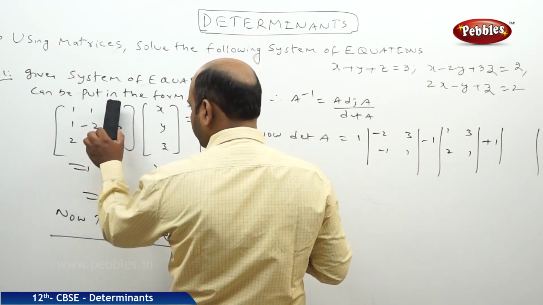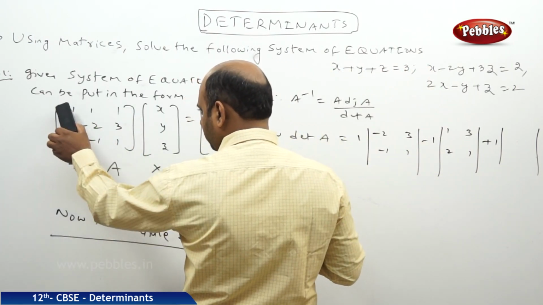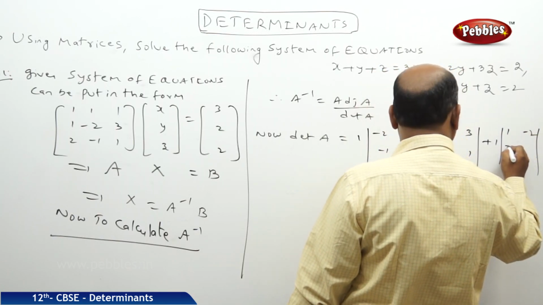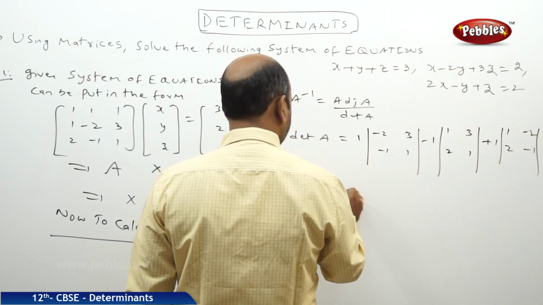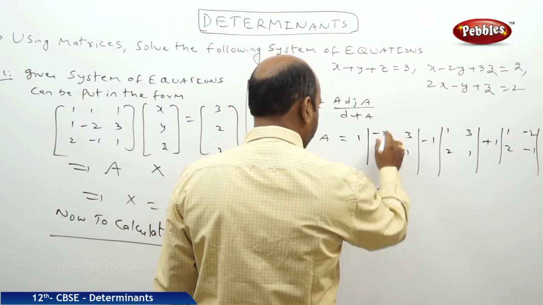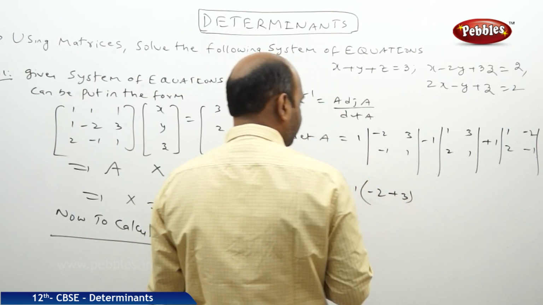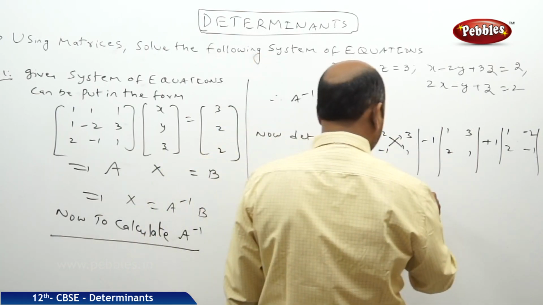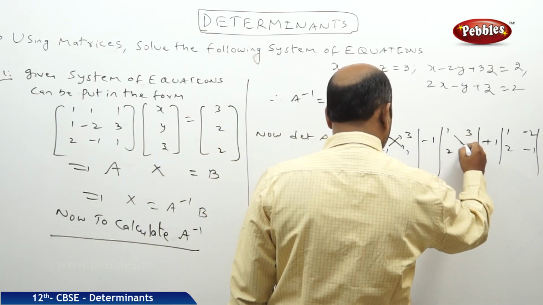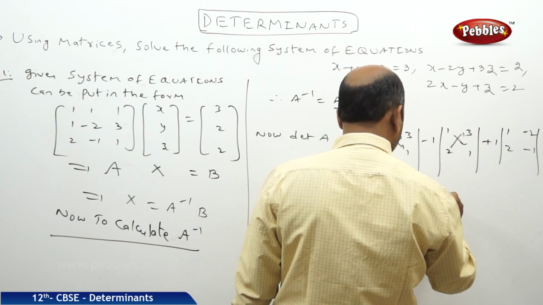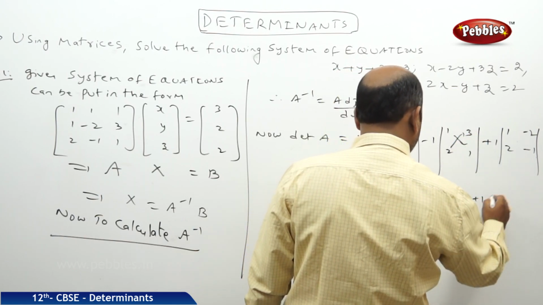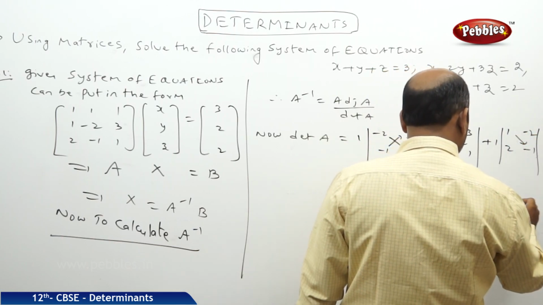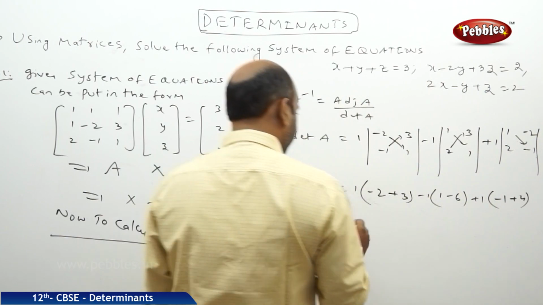Delete the corresponding column and row, there remains 1 minus 2, 2 minus 1. So what happens? 1 into minus 2 plus 3. So minus 1 into 1 minus 6, plus 1 into minus 1 plus 4.